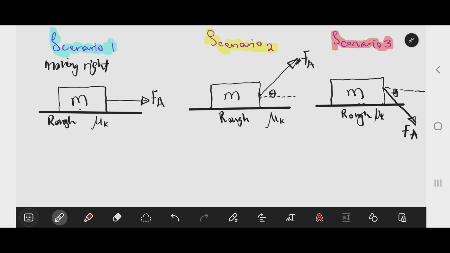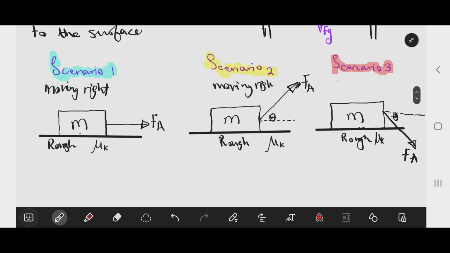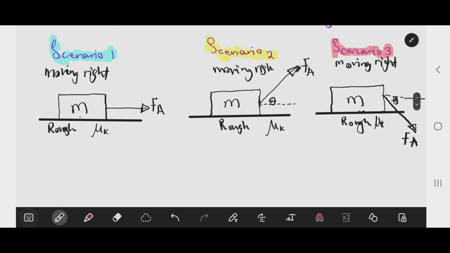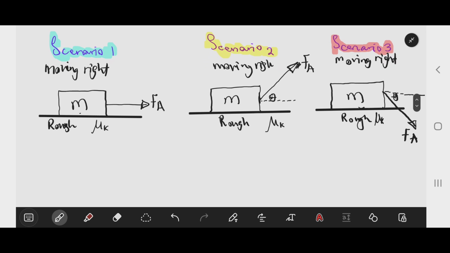In scenario number two, we also have an object moving to the right on a rough surface, and in scenario number three, we have an object moving to the right on a rough surface. The question is: calculate the normal force in each scenario.